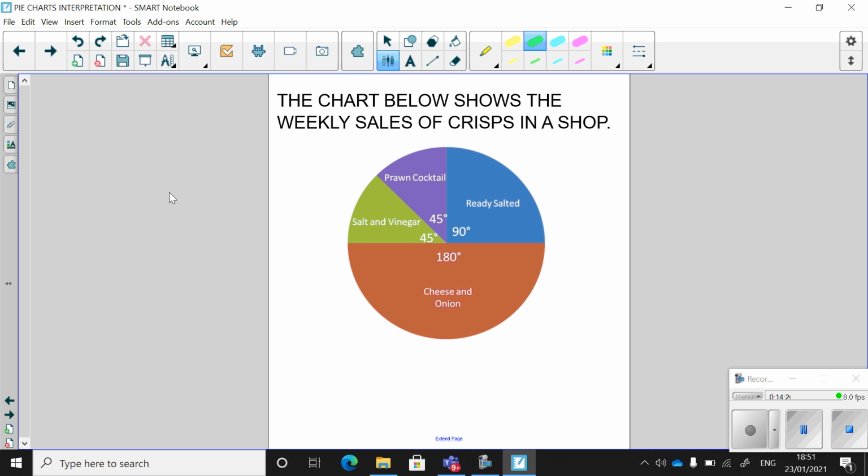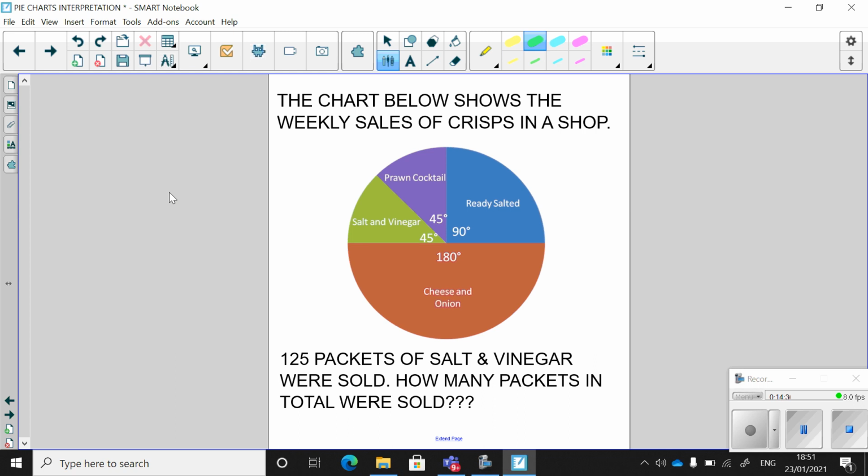So this time they're giving you the angles, and they're giving you information that 125 packets of salt and vinegar were sold. But they want to know how many packets in total were sold.